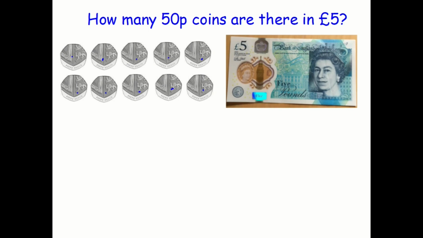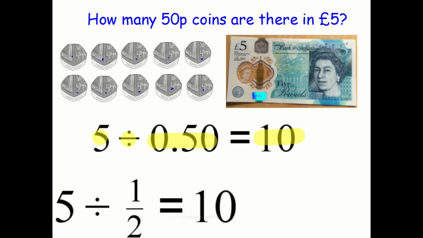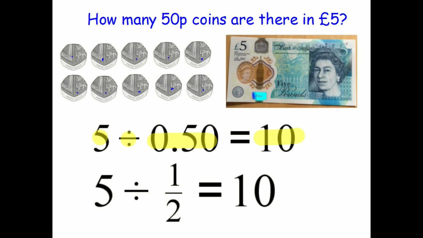But how would we write this question using numbers? This is actually how many 50p's are there in £5, and there are 10. Another way of saying it is how many £half are there in £5, and there are 10.